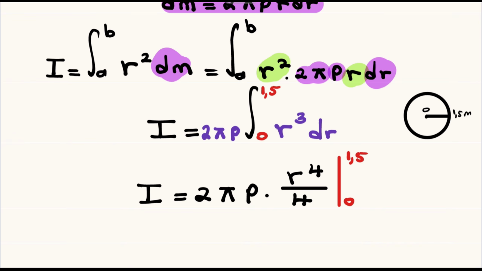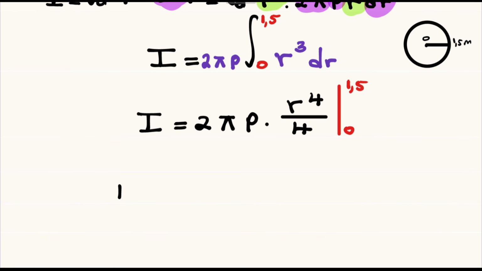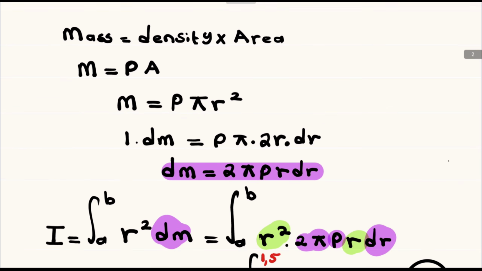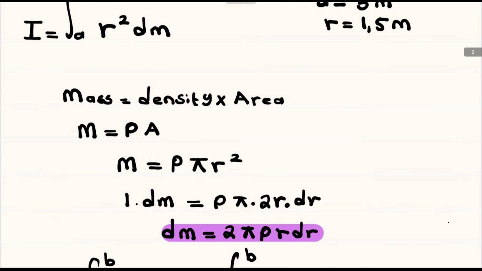It's only now that we are allowed to change that density. So you have I is equal to pi multiplied by the density. In the place of that density, we are going to substitute. So we make the density the subject of the formula here. So let's copy and paste this.